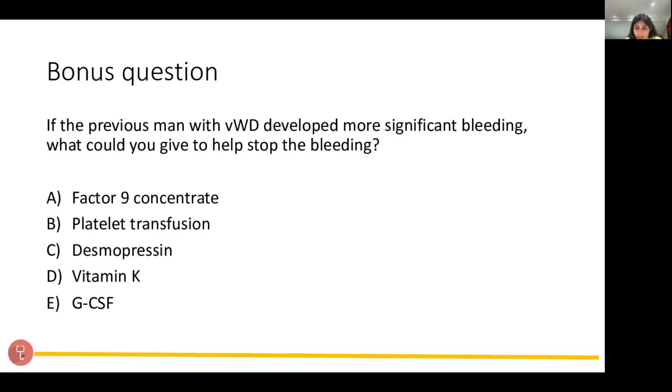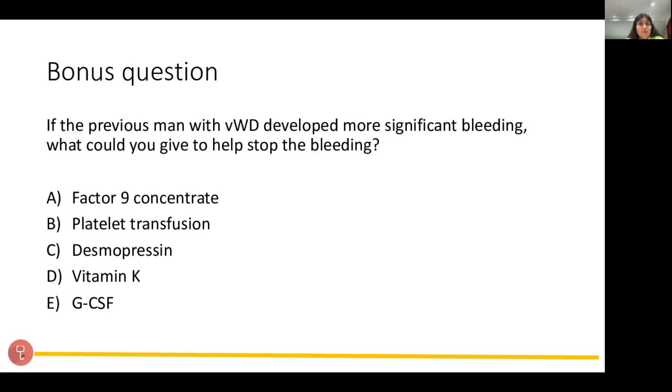Okay, so again, sorry to rush you guys on, just worried about time. So let me just look at your responses, but I'll start going through it. So 41% of you, very mixed responses, but 41% of you picked C, desmopressin, which is the correct answer. Desmopressin is often used in endo, but also used in heme for patients with von Willebrand disease who are having bleeding that isn't stopping.